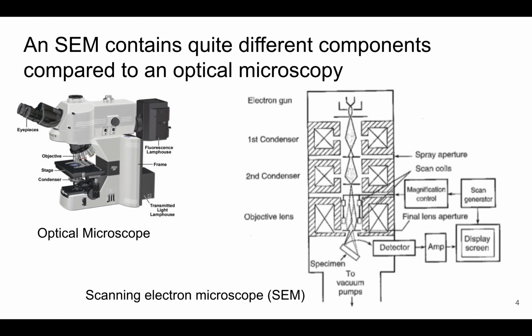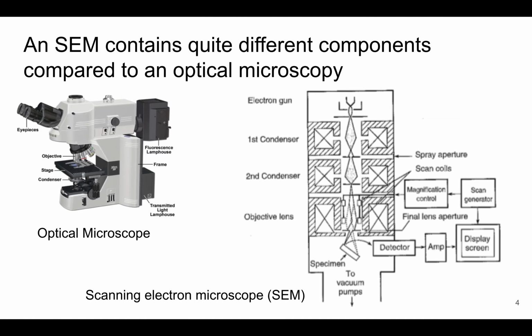Secondly, you'll notice that this says condenser, objective. These lenses are not what we think of as optical lenses because we're not dealing with light, we're dealing with electrons. They are lenses, but what they do is focus electrons. What we use for that is actually electromagnetic coils.